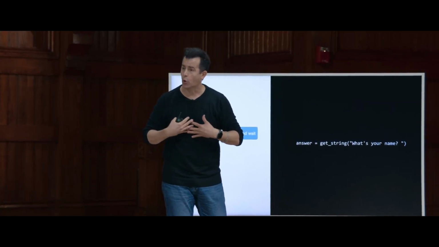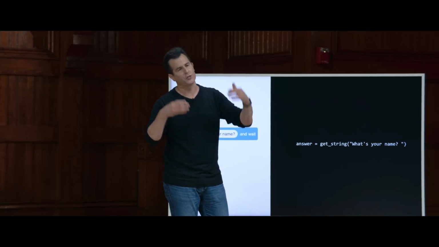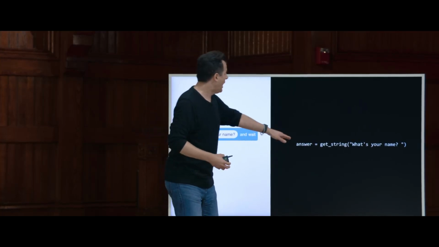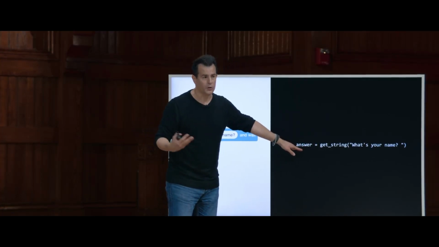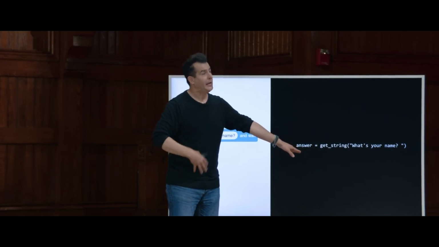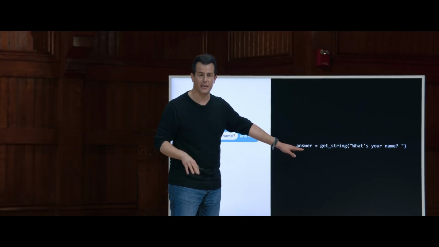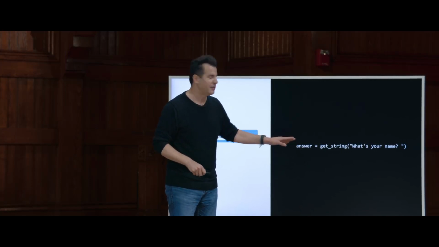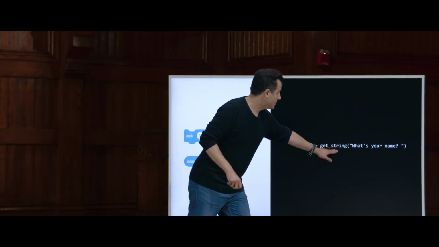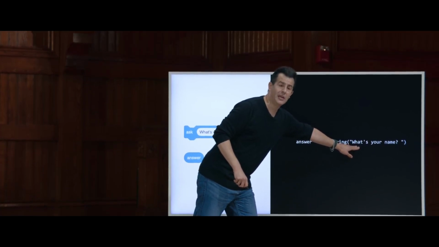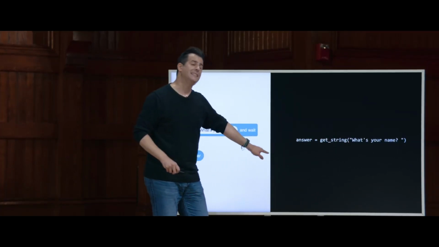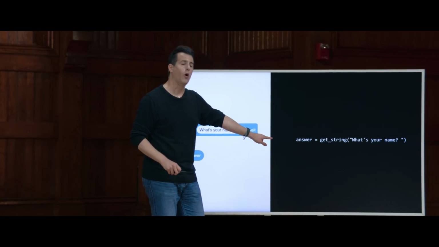And if I want to store it longer term in a variable, like x or y or z in math class, I can just give it a name here, x or y or z, or more reasonably, answer, or any other English word. No spaces, generally lowercase, same heuristics as before. But this means now, ask the user what's their name, whatever they type in, go ahead and store it from right to left in this variable called answer.